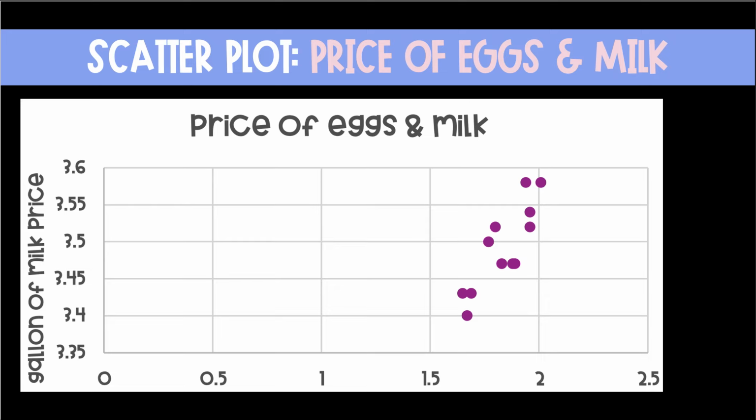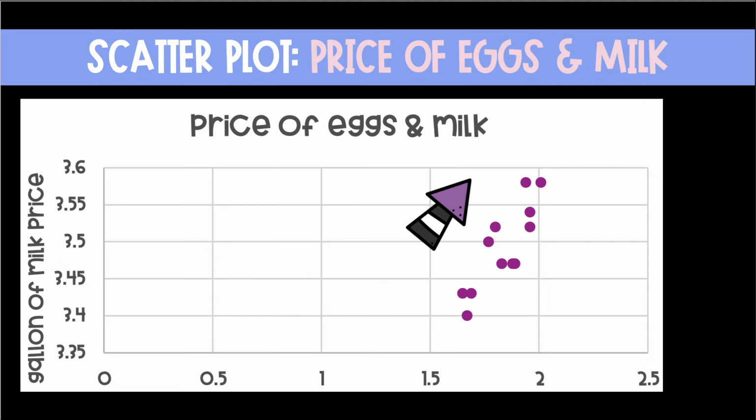In this example, we had the price of eggs ranging between 0 and 2.5, and each of our lines represented a half. And the range for the price of milk in this graph, we just put in between 3.35 and 3.6, and each of the units was 0.05. I'm sorry, 0.05.